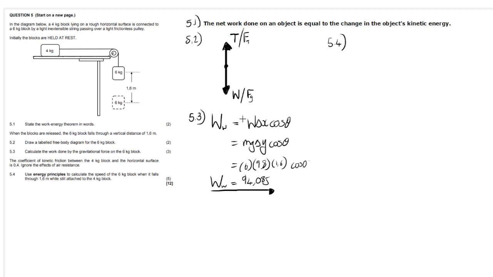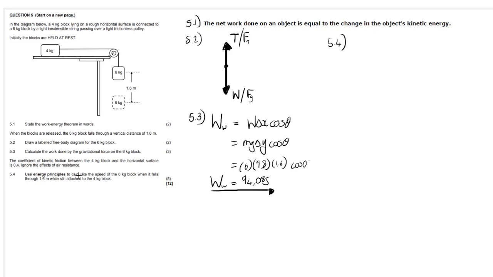5.4. The coefficient of friction between the 4 kilogram block and the horizontal surface is 0.4. Ignore the effects of air resistance. Okay, wonderful. Let's have a look. Use energy principles to calculate the speed of the 6 kilogram block when it falls through 1.6 meters while still attached to the 4 kilogram block.